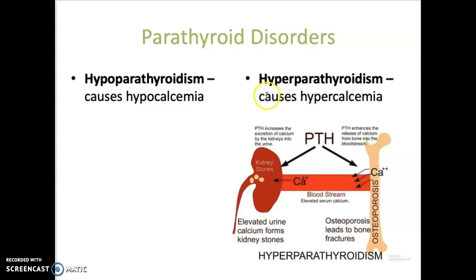And the opposite is hyperparathyroidism, that's caused by hypersecretion of parathyroid hormone, and it results in the opposite symptom, hypercalcemia, which is increased blood calcium levels. As a side effect of this, it causes demineralization of bones because calcium is actually being pulled out of bones and put into the bloodstream. So this can lead to osteoporosis.